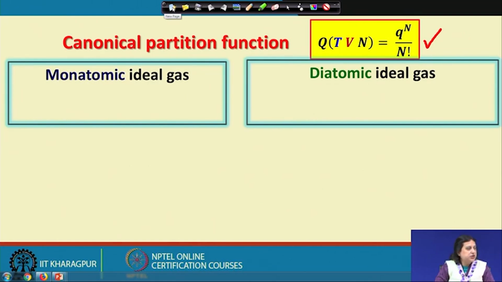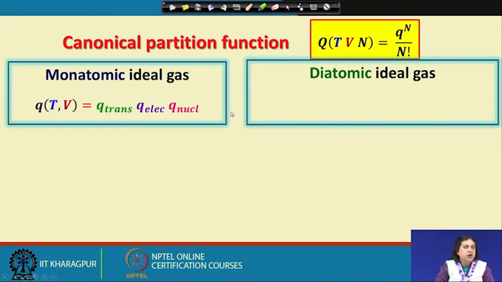Under this given condition, we have also seen that for a monatomic ideal gas, we have the following expression for the single particle canonical partition function, that is small q. Since it is for the single particle, N equal to 1, small q depends both on temperature and the volume at which the entire system is present.